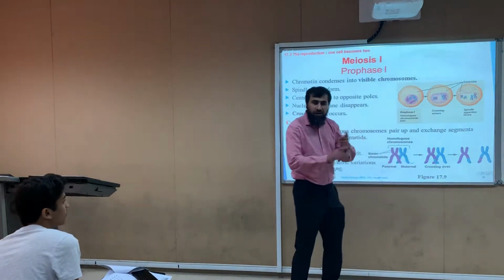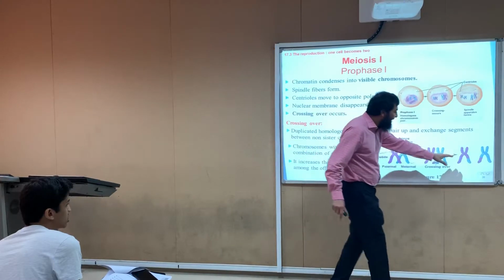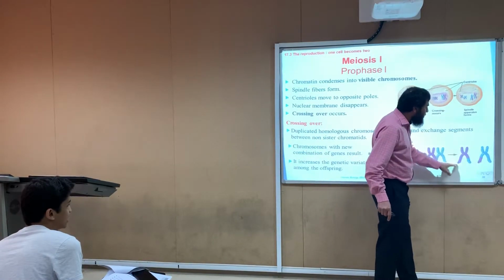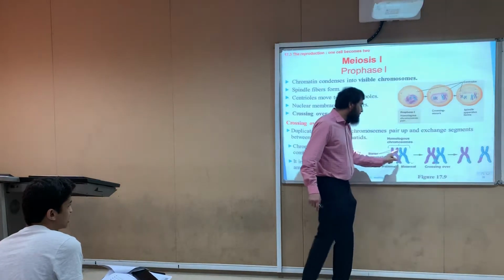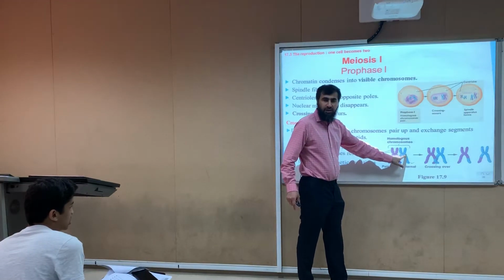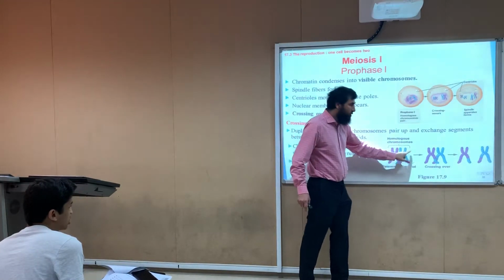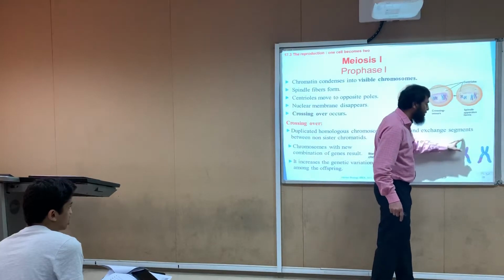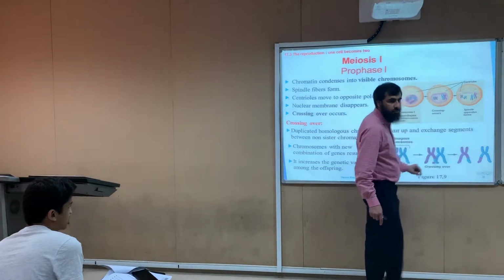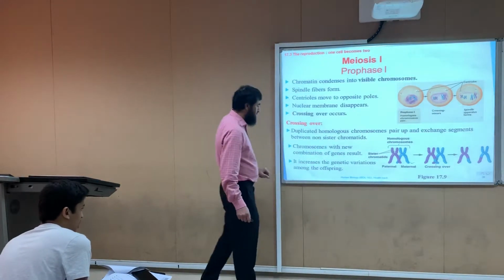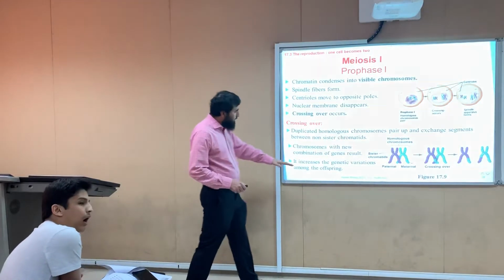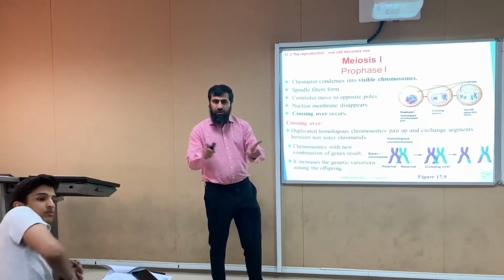When it crossed over with the father's homologous chromosome, you ended up with a chromosome that is no longer identical to your mother's or your father's, okay? So this is adding genetic variation. So it increases the genetic variation in the offspring.